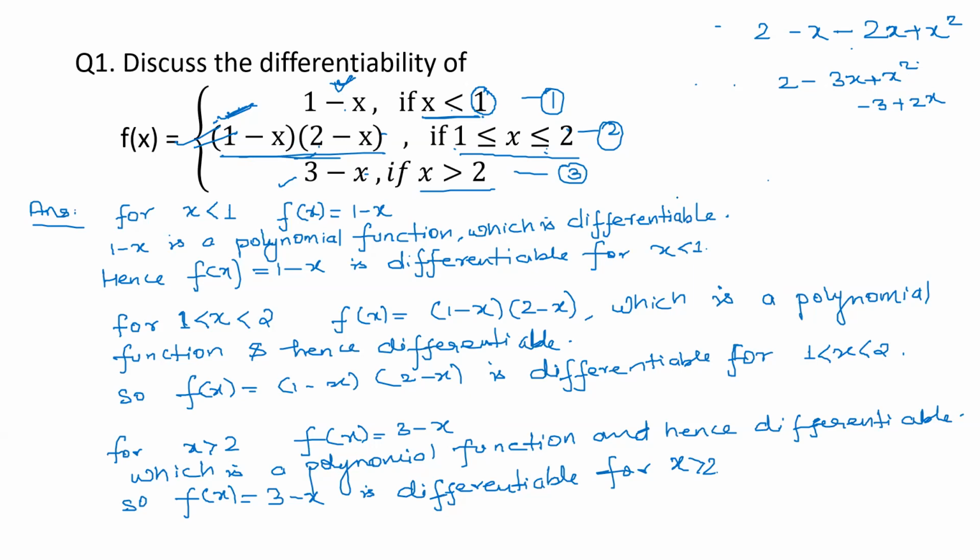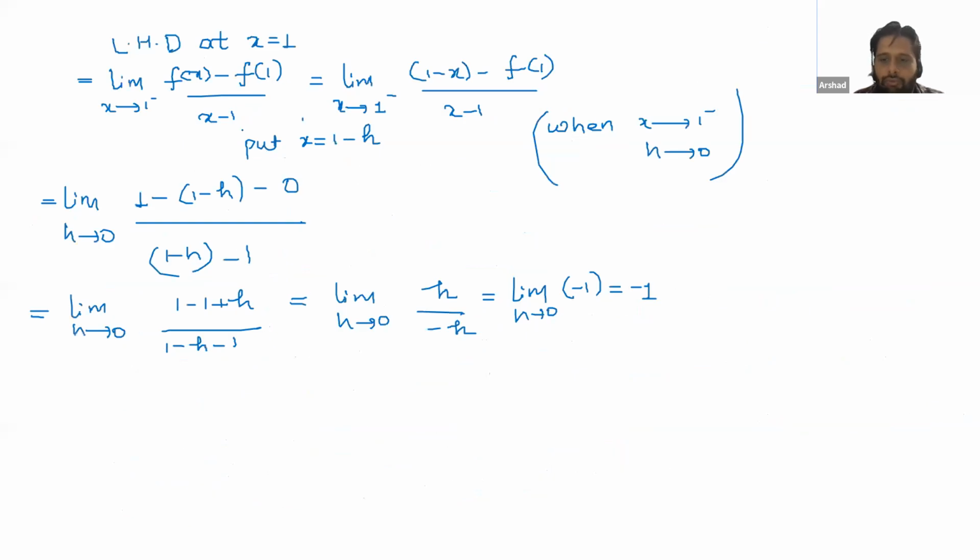Very good. At x is equal to 1, no, Abdur, it is differentiable. It is differentiable at x is equal to 1. So I have found out the LHD. What RHD are you getting, Abdur, at x is equal to 1? What's the value?